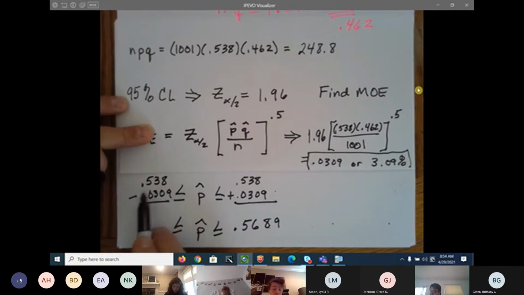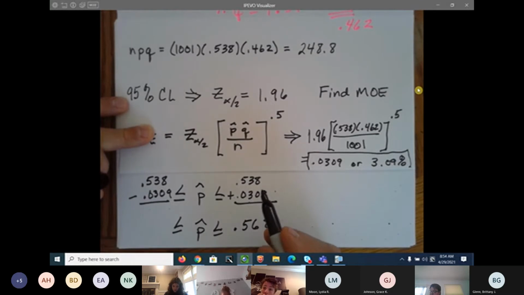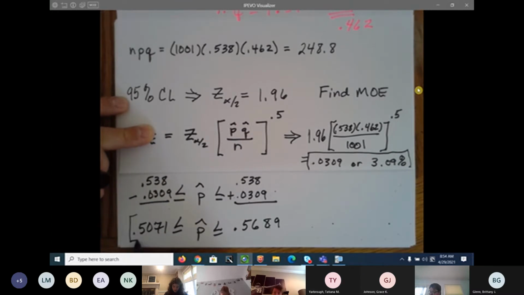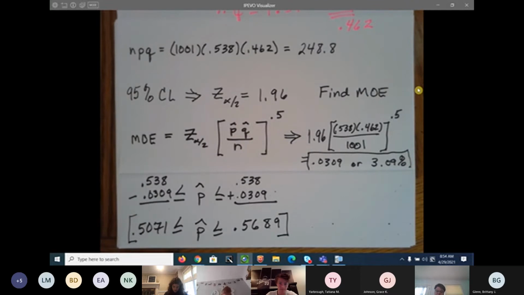And somebody do this right here. 0.5071. Thank you. And that right there is your confidence interval. So I'm going to highlight that in green because that's your confidence interval. That's what you're wanting to be able to find.